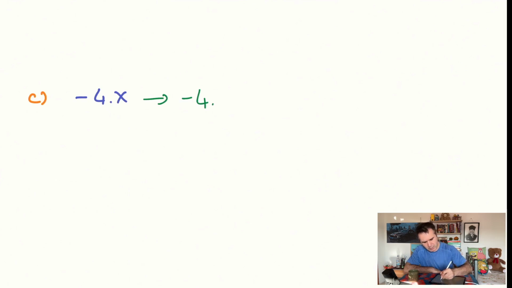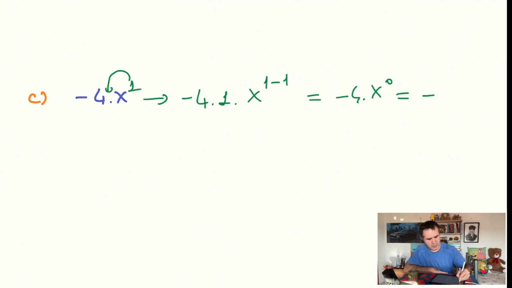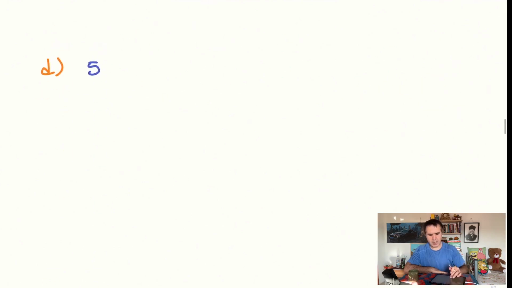And remember, x has a power of 1, and we will take 1 as multiplication here, and then subtract 1 from the exponent, and this will become minus 4 times x to the power of 0, and this is equal to minus 4. And 5, the derivative of a constant function is 0, so the derivative is 0.